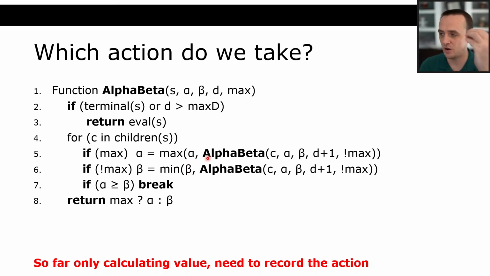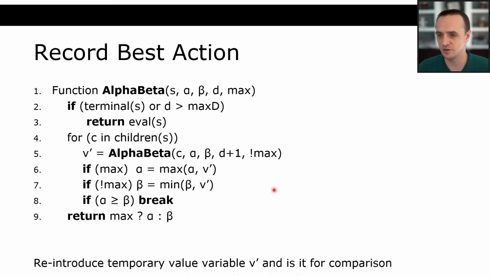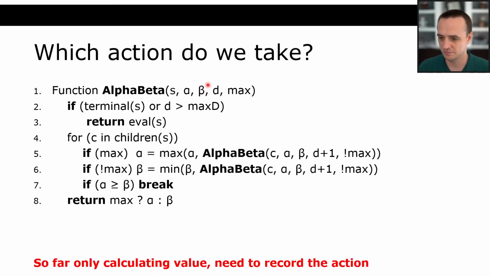So all we know is how good that move is, or how good that state is. What we really care about is which action we should do, right? Which action should I actually do here? Well, what we have to do now is change this algorithm back to a long-form algorithm so that I can actually record the action that I want to do, right? So how do I do that?